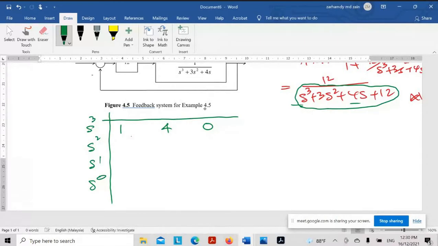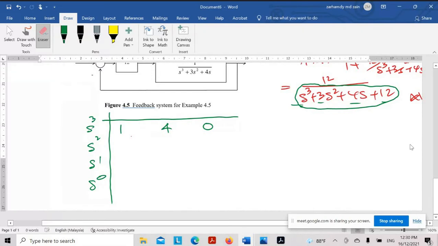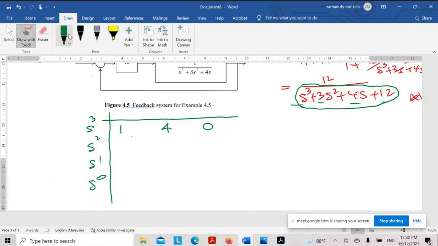The second row is 3 and 12, and 0. Now we are looking for B and C, so we have B1, B2, and C1 and C2.